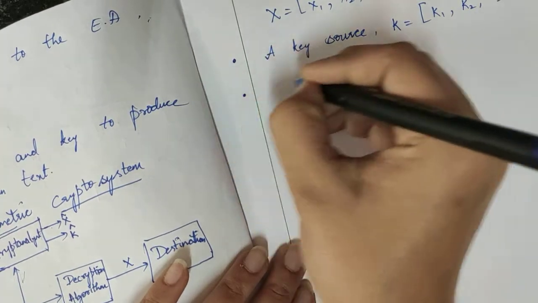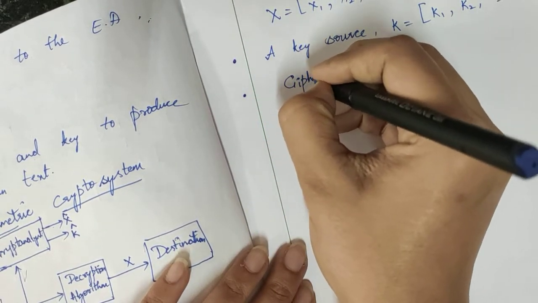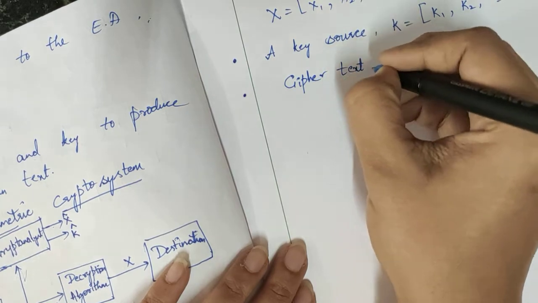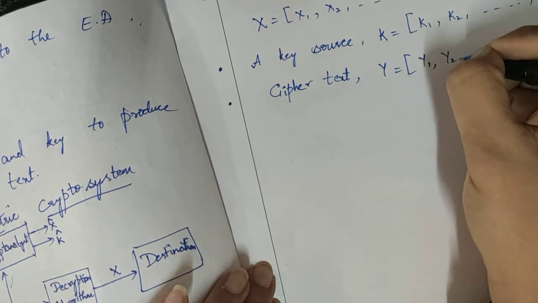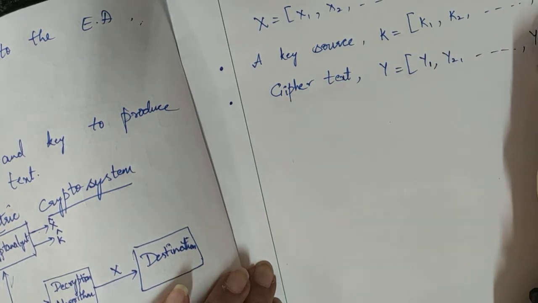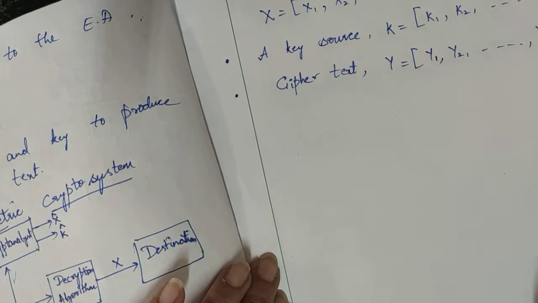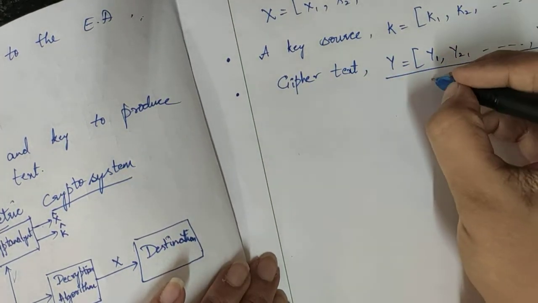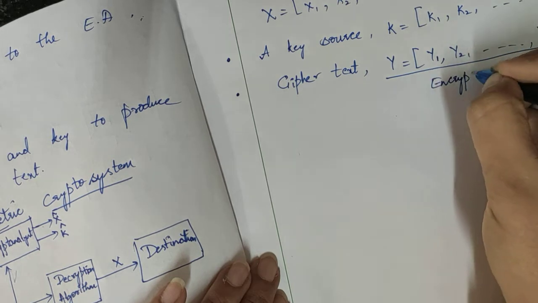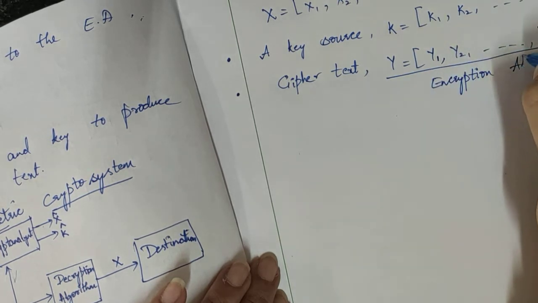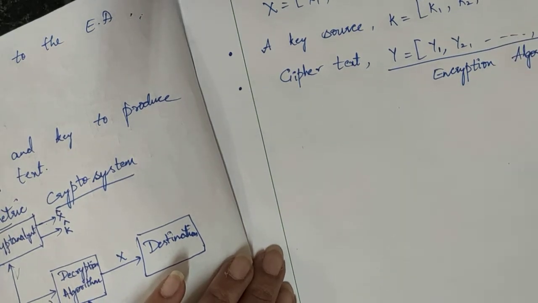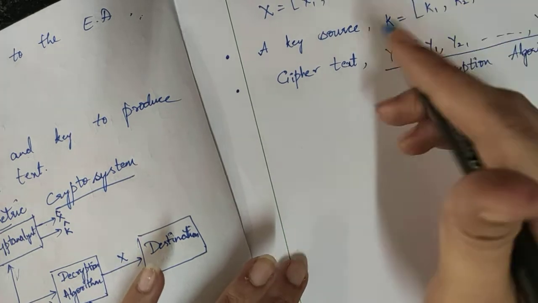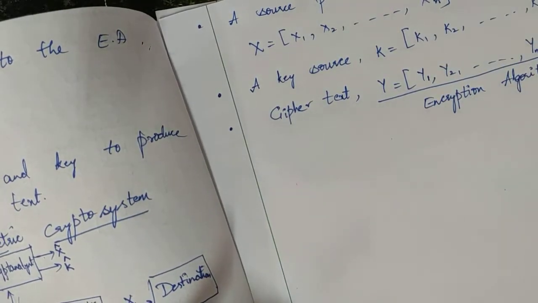Now we will have a ciphertext. Ciphertext I can denote as y. This will be generalized, so y1, y2, and so on up to ym. This will be produced, right? This ciphertext will be produced using the encryption algorithm, using the message x and key k.